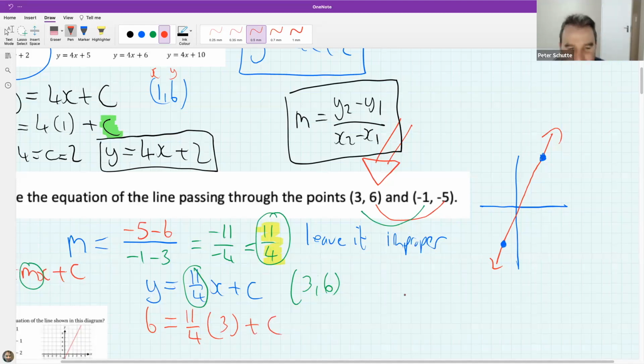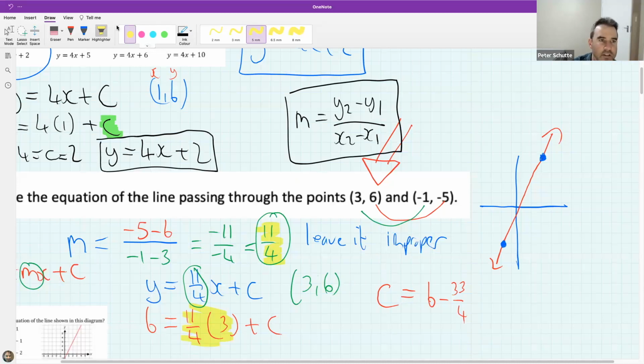Okay, so let's see what we get for the C value. What do we get for my C value? I'm going to ask someone else to pop it in the chat there. There's different versions. Some people say minus 9/4. Some say minus 13/4. Let's have a look. So I think C would just be 6 minus 33/4, which is really me just moving this. And what do I get? 6 minus 33/4.